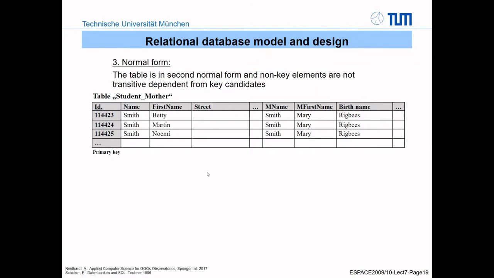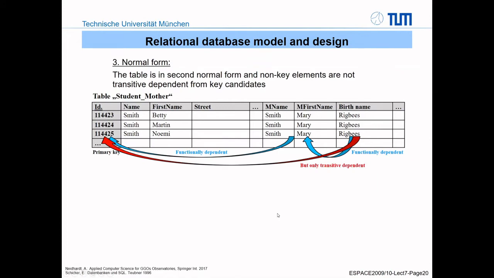So what does it tell us? We have a functional dependency between the birth name and the first name, but we have only a transitive dependency between the birth name of the mother and the student ID, or the ID of the person who is the child of this mother.